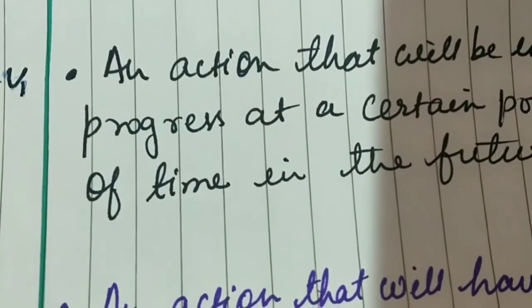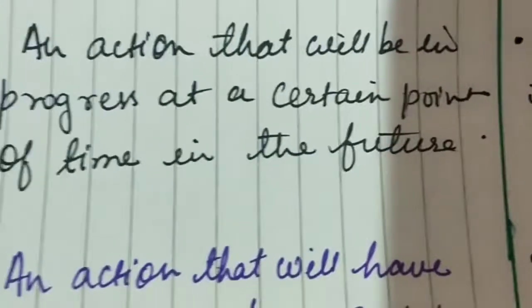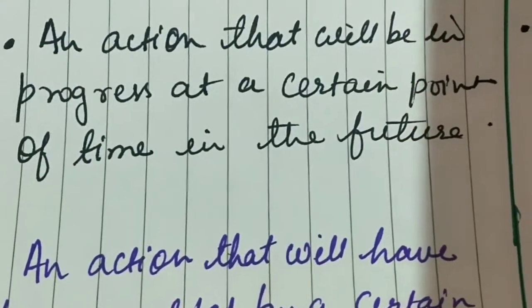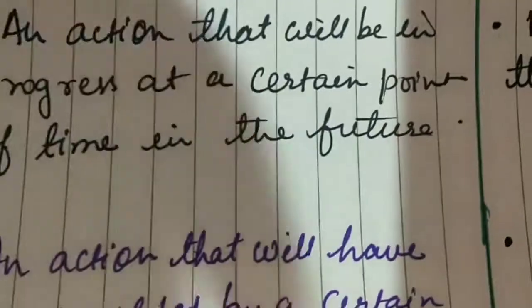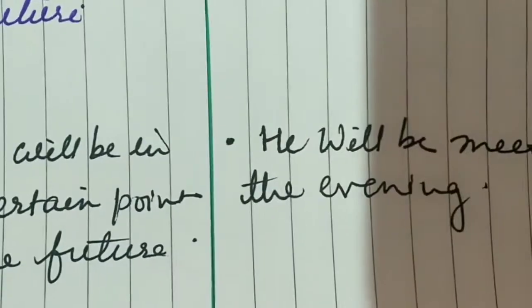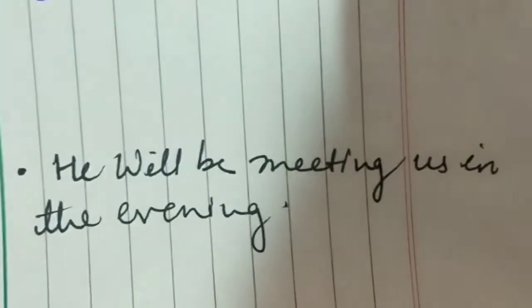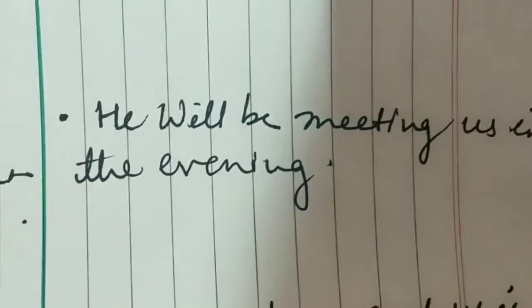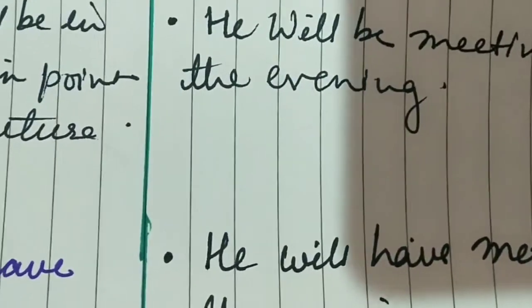It is used for an action that will be in progress at a certain point of time in the future. We can see the example: he will be meeting us in the evening.